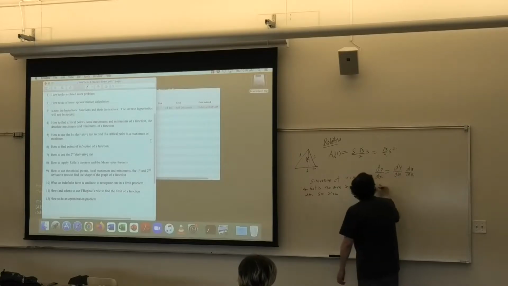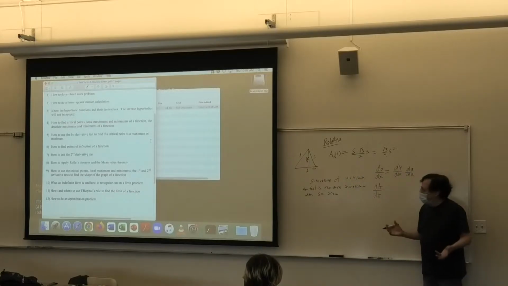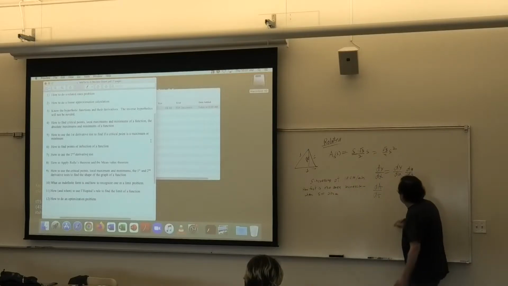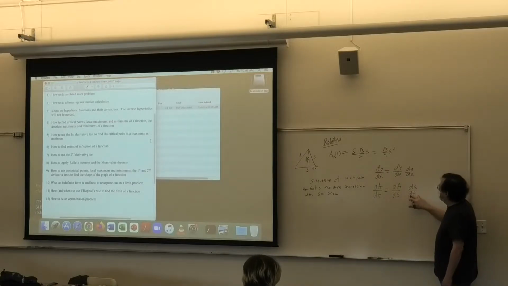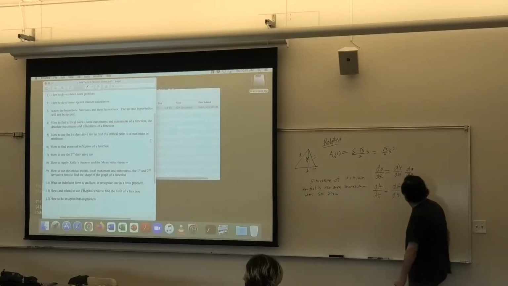So here we have dA/dt. That's what we want to know, right? How fast is the area increasing? So what else do we know? We know s, and we know ds/dt because we're given that. s is increasing at 10 centimeters per minute.